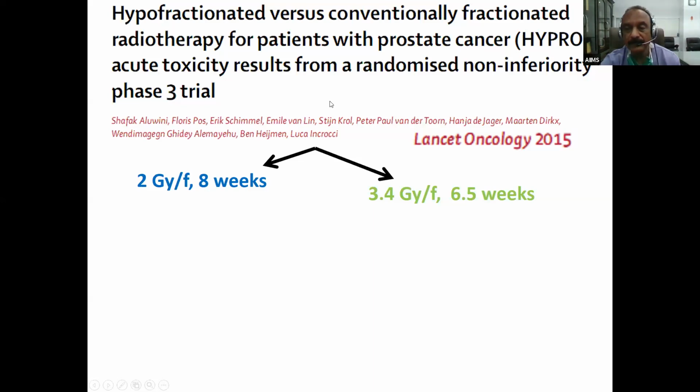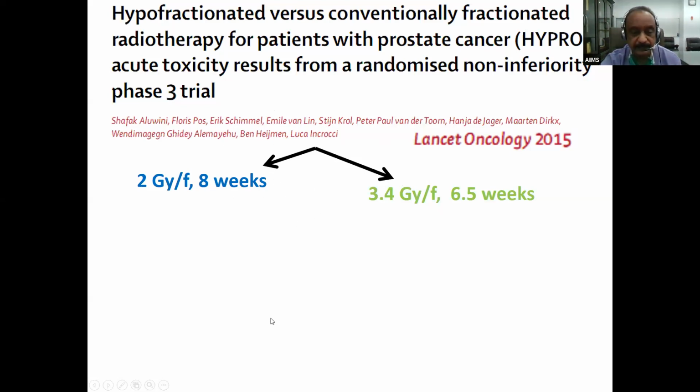Nowadays, we are trying to reduce the overall treatment time for prostate cancer from the conventional 8 weeks to less than 8 weeks. And this is a hypofractionation trial where the conventional radiotherapy fractionation was compared with hypofractionated radiotherapy. This group specifically looked at acute reaction.